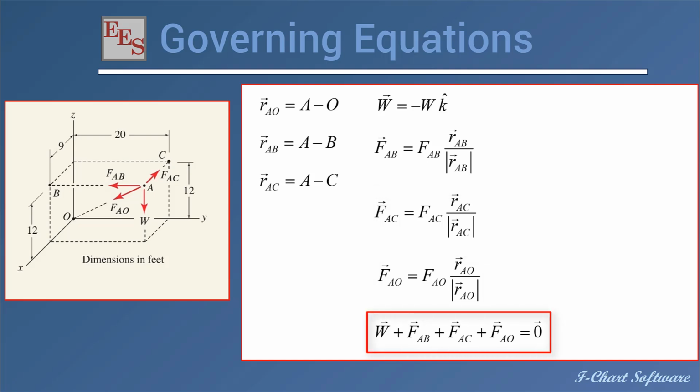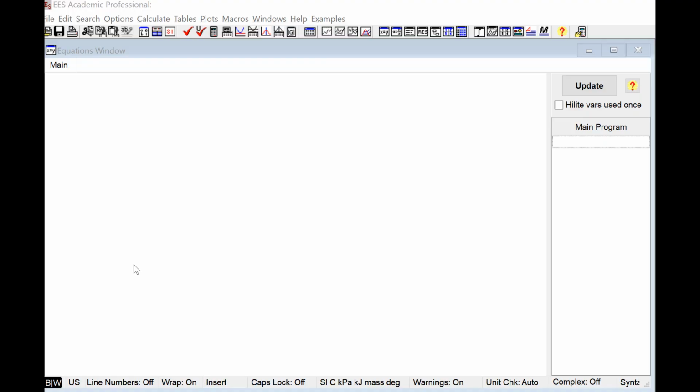But our equation for equilibrium is this vector equation that the sum of these four forces has to be equal to the zero vector. And because there's three components associated with the three dimensions, this is actually three equations. And so we have three equations in these three unknowns, and we should be able to solve. So with that laid out, we can move these equations into EES and solve the problem there.